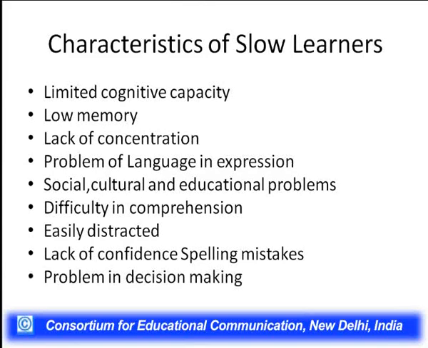So sometimes the teacher is not able to know that these are slow learners. So I would like to discuss some characteristics with you, these signs through which we can come to know that these are slow learners, and our methodology or our approach should be different.